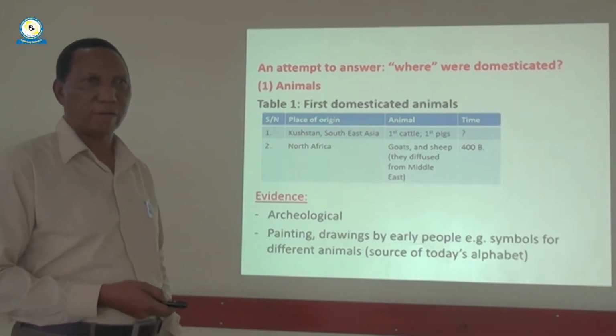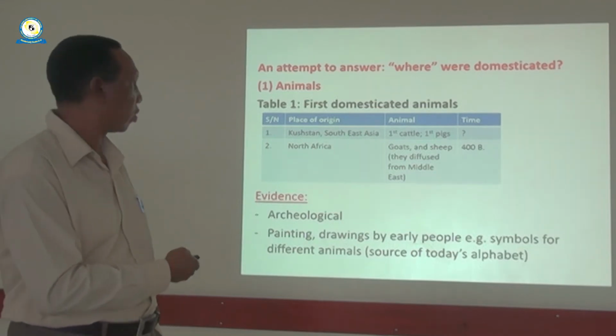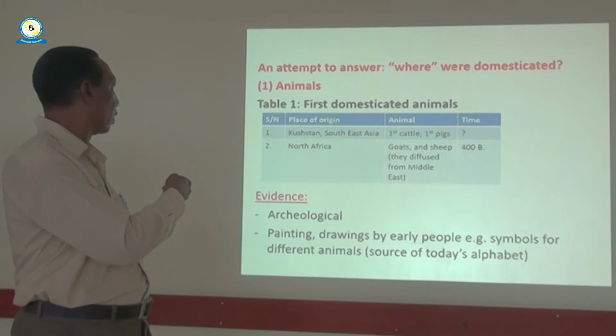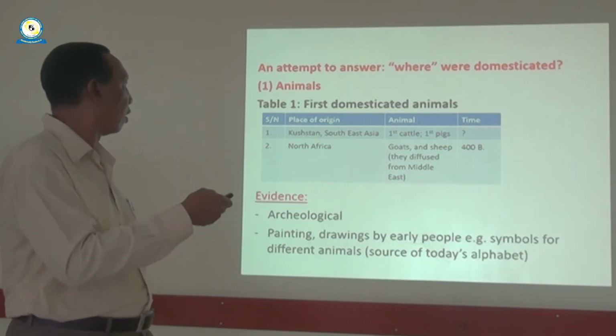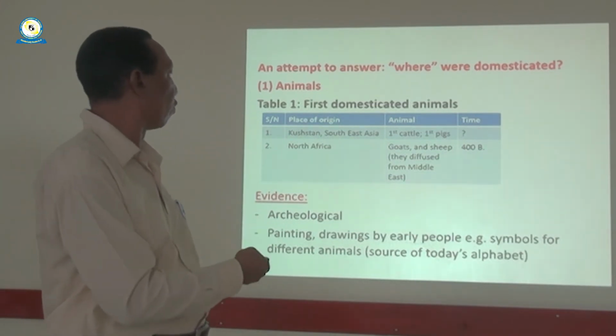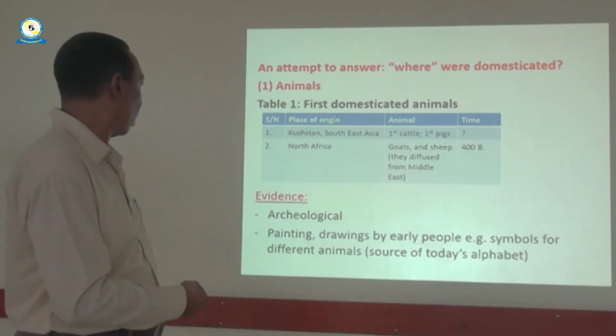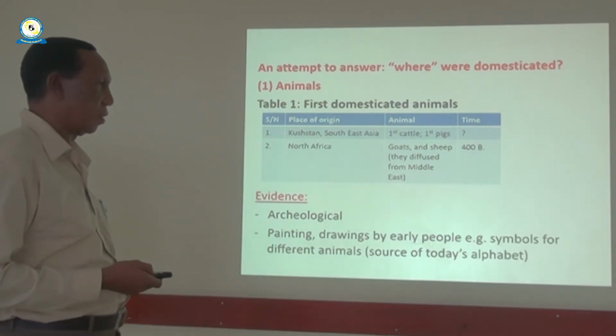Again, this one is contradictory. We thought that maybe goat and sheep rearing started in North Africa. They say it was diffused from the Middle East. Why not Africa? So we shall consider that point later on.